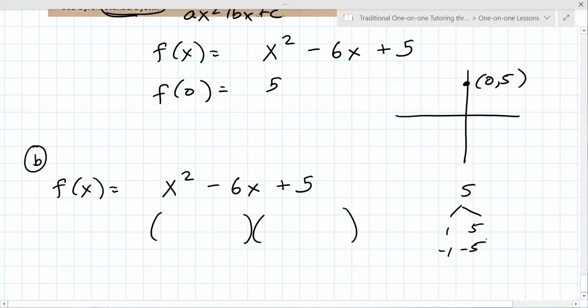So it's x minus 1, x minus 5. So that one would not become non-factorable because you can have two negatives and it'll become a negative still.